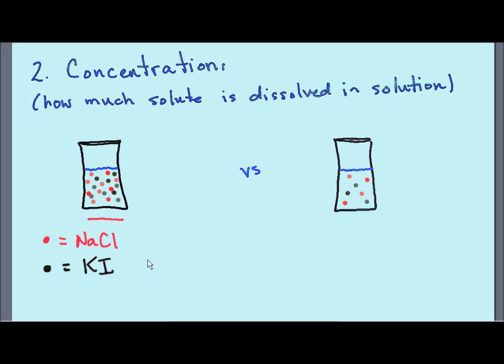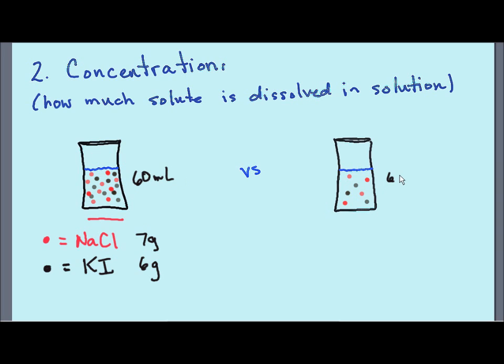So in this reaction, we have sodium chloride and we have potassium iodide. And in this beaker, I put in 7 grams of sodium chloride and 6 grams of potassium iodide. And I dissolved it in this amount of water, so this is going to be 60 milliliters of water.